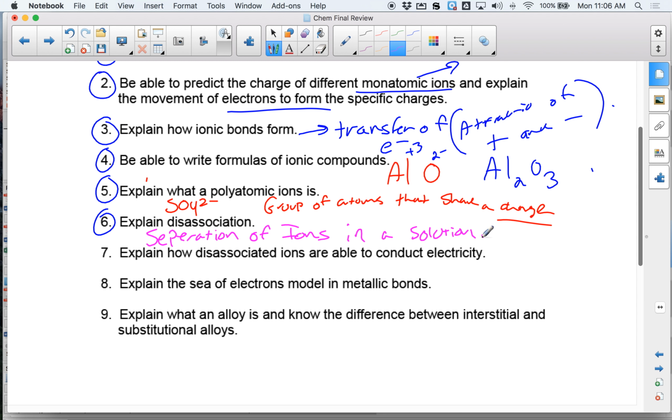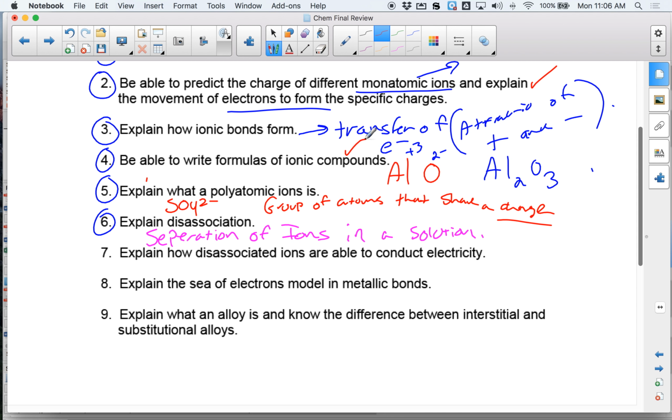All right, and that's pretty much all there is. Oh, except I would put a check mark by number 2 and number 4. Okay, I guarantee on the test I will have a question that says something like, what charge ion will fluorine form?